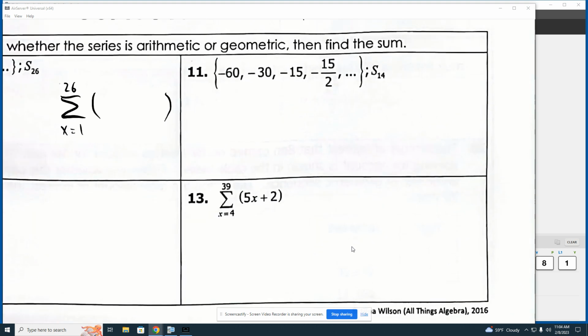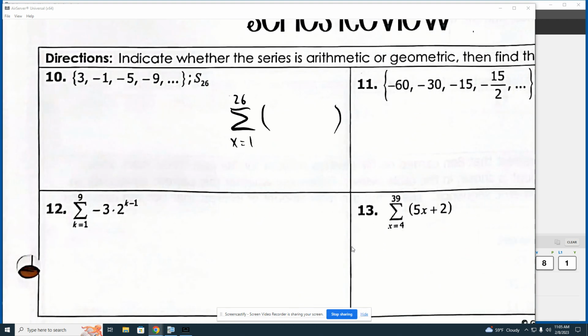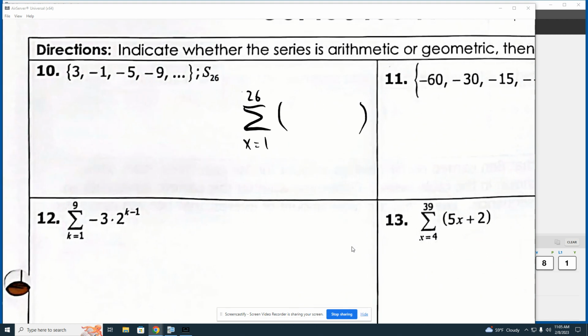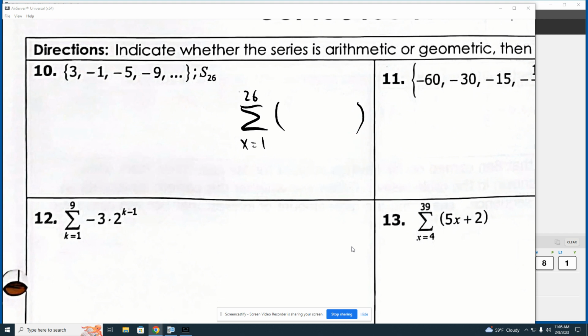And on number 11, I'm still going to do big E from the 1st to the 14th term. But don't I need the equation? So what's still a requirement here? I've got to figure out, 1, is it arithmetic or geometric? And then what is my sum, what's my rule? What's my equation, right? So look at 10.